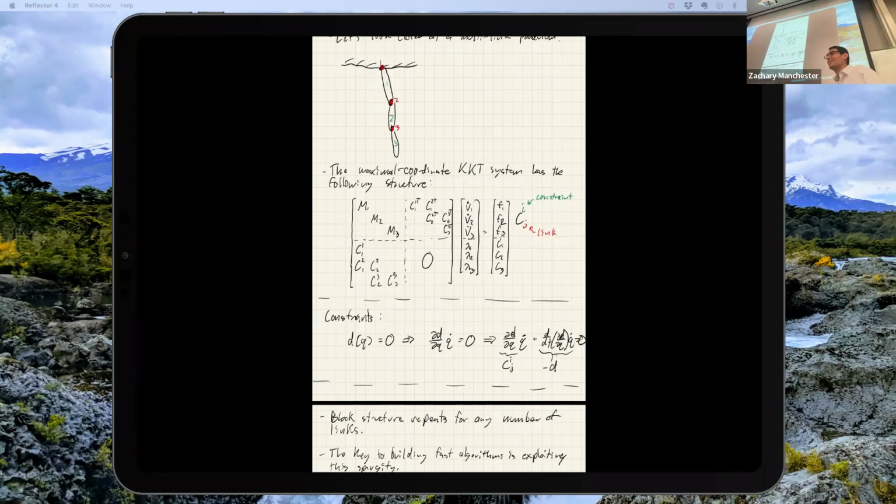So what do we do? Where do you get that from? If I showed you this trick and then asked how you do this in minimal coordinates, what would you do? That's the right idea.